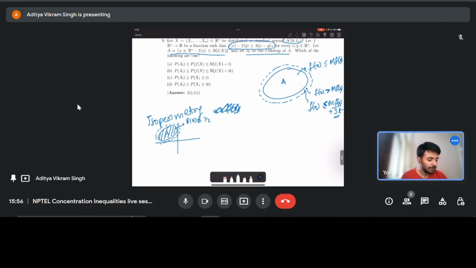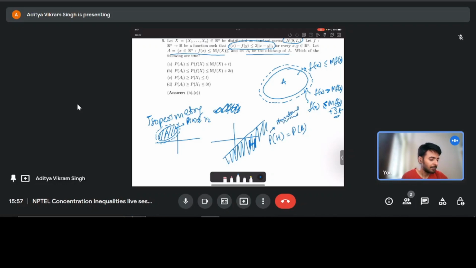All of this is in the Gaussian domain. In that case, take this half space, and construct it so that, suppose this is the half space H, the shaded region, such that P of H is the same as P of A, where this probability is the standard normal.